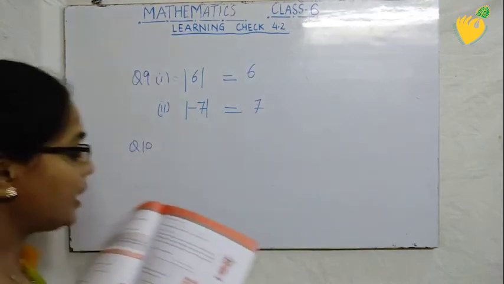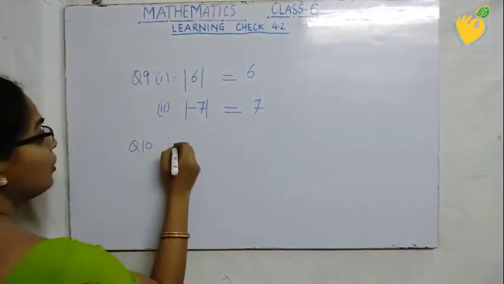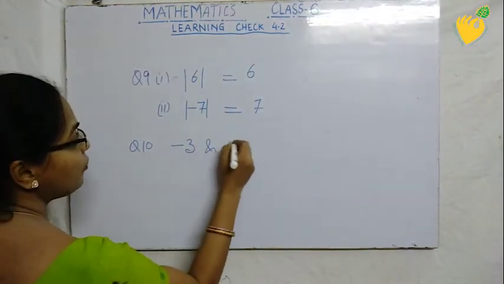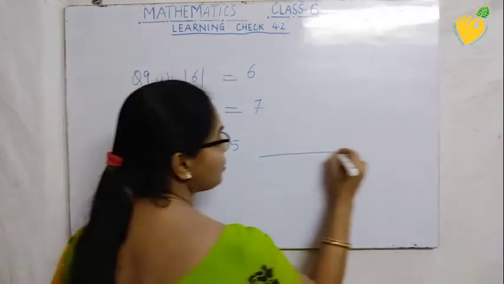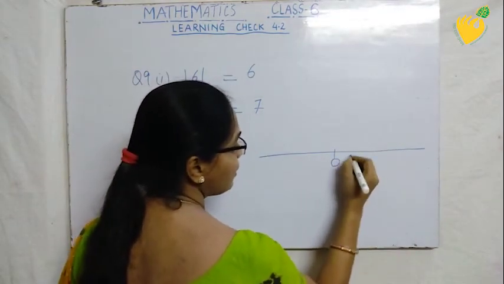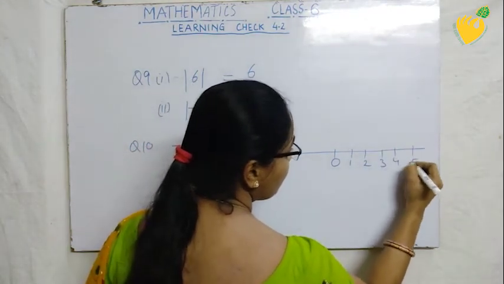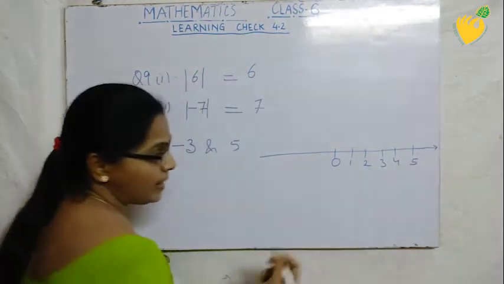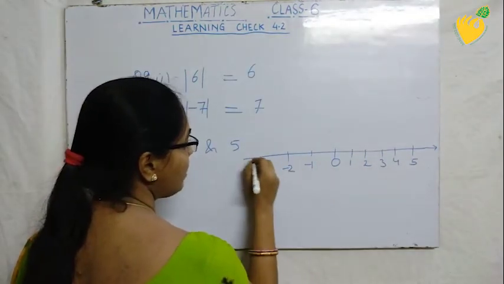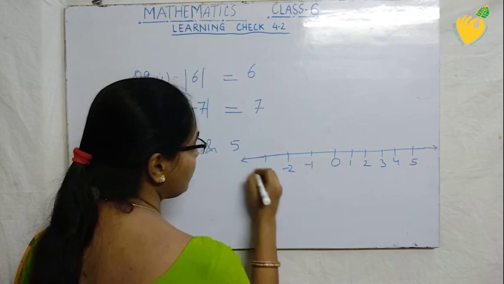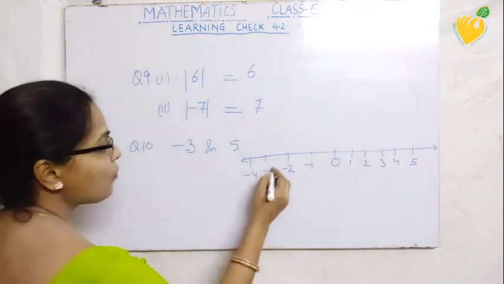See question number 10. You have to find the integers between -3 and 5. Simple, students, make a number line. On the right hand side, make it maximum till 5, and on the left hand side, make a number line maximum till -3.